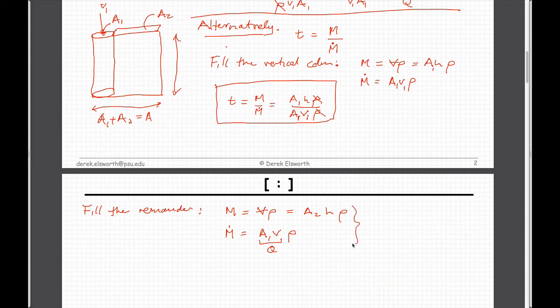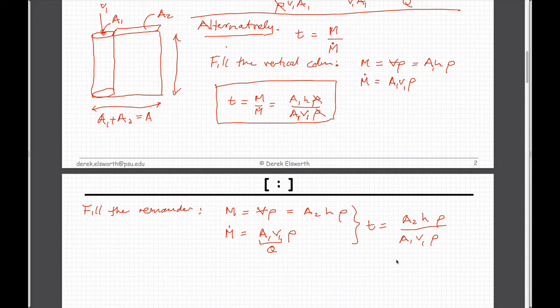And so if we look at the ratio of those, it's just going to be equal to A2 times h times rho divided by A1 times velocity 1 times density.